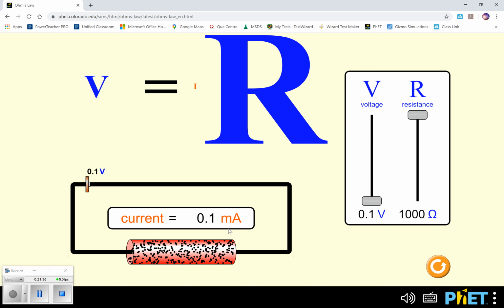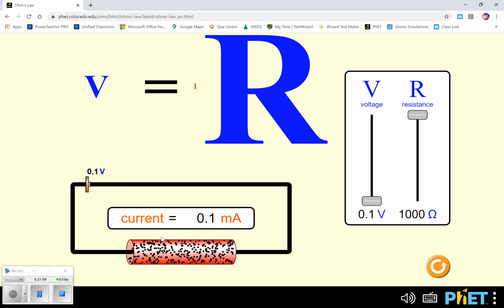Current drops way down. We would now have very little flow in our creek. We have very little flow here in our circuit. So by building a dam in the river, it's decreasing the amount of current that can flow through that river, or the amount of electric current that can flow in our circuit.